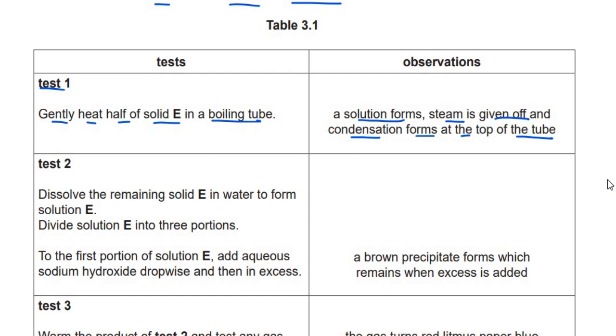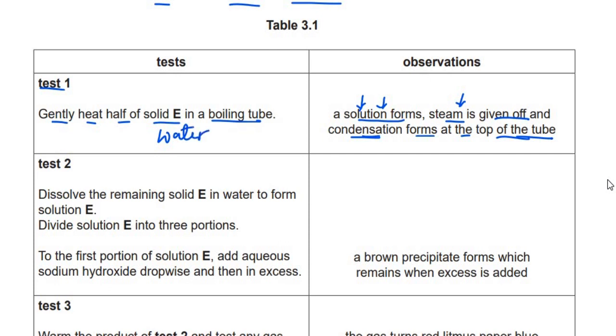That is, the solution forms, that is the solid E dissolves, and it dissolves in water because it's written solution forms. It's not written that the solid E melts. So obviously there is some water associated with solid E. Steam is given off and condensation forms at the top of the tube. That shows that solid E has water with it.